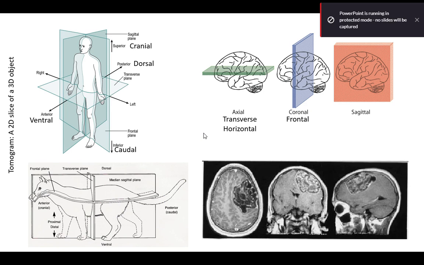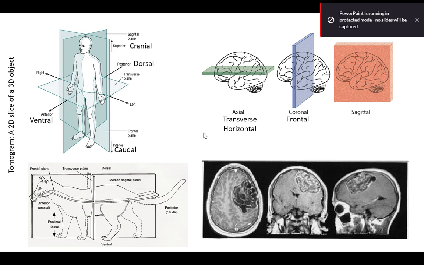Now, we have names for each of these planes. It's not completely standard, and there are axial directions that go on. So I wanted you to get used to the names that doctors are going to use. The most common ones I've always heard are the ones I've listed here: axial, coronal, and sagittal. I've put alternate names underneath them.